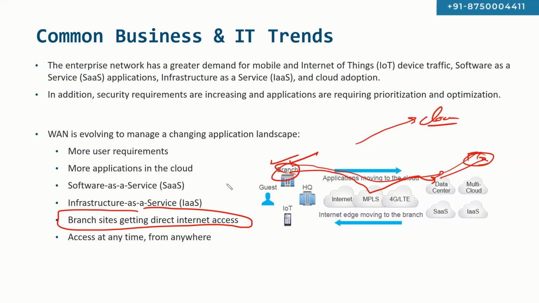You have the concept of infrastructure as a service. If you have infrastructure as a service where a couple of applications are deployed, again, you would need internet access at your remote branch to access those applications hosted in infrastructure as a service inside AWS or Azure, wherever, right? Now you have the concept of IoT, remote users, guest users.